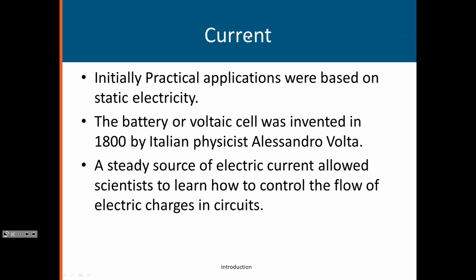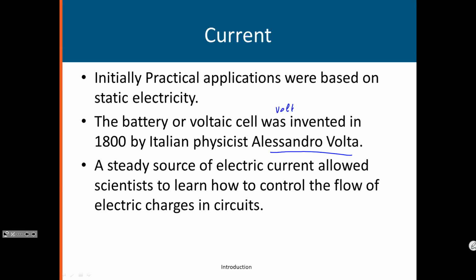And mainly after the battery was invented by an Italian physicist called Alessandro Volta. That is where the term volt comes to electricity. The potential difference is also called the voltage. Okay, that is after this physicist who invented the battery in 1800.